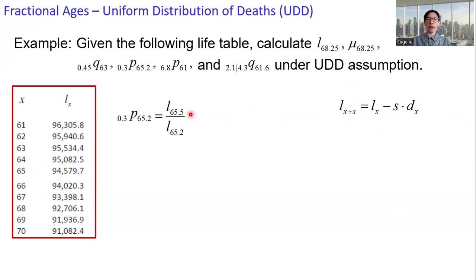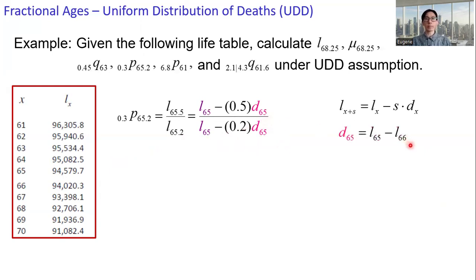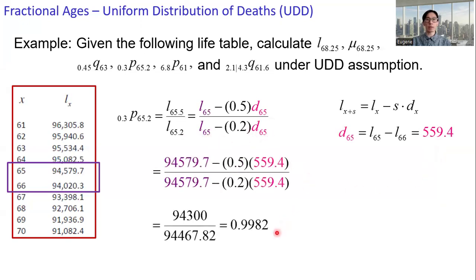The s is 0.5 in the numerator, and s is 0.2 in the denominator. We can get L65 directly from the table, and d65 is L65 minus L66. We only need the information of L65 and L66. We get d65 is 559.4. Plug this back into the expression with the L65, and we get the corresponding probability.